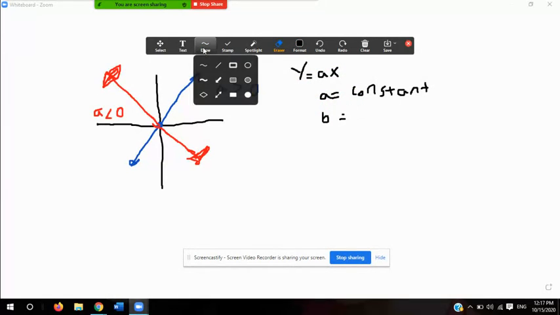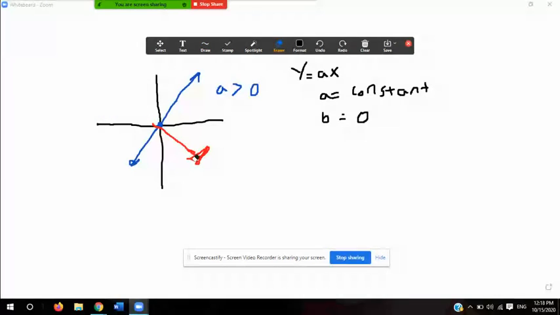And basically, if a is positive or greater than 0, like you can see in the blue equation, the graph is going to look like it's going up an escalator or up a staircase. If a is less than 0, then the equation looks like the red line, where it looks like you're going down the stairs. So let's look at example number 1, and I'm going to do at least 2 real quick examples to compare.